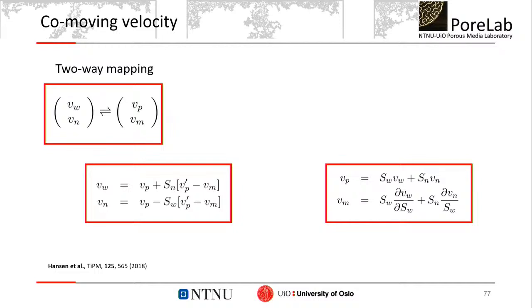And I can now invert this, and I have the velocity of each liquid, given in terms of the average velocity and the co-moving velocity. So constitutive equations for Vp and Vm give constitutive equations for Vw and Vn, which is very nice when you're dealing with nonlinearities.